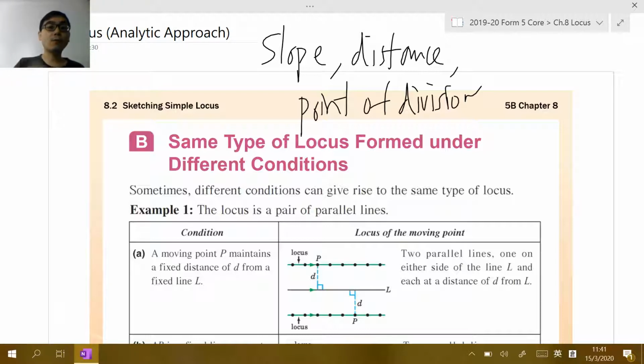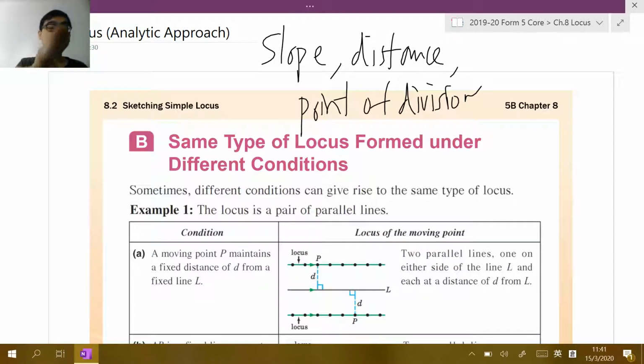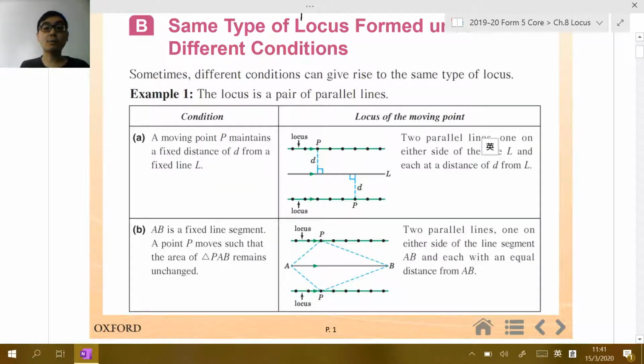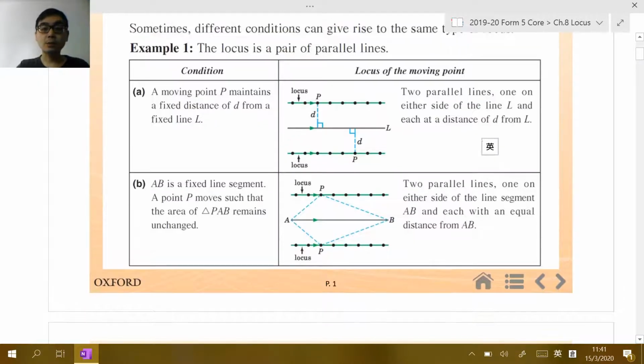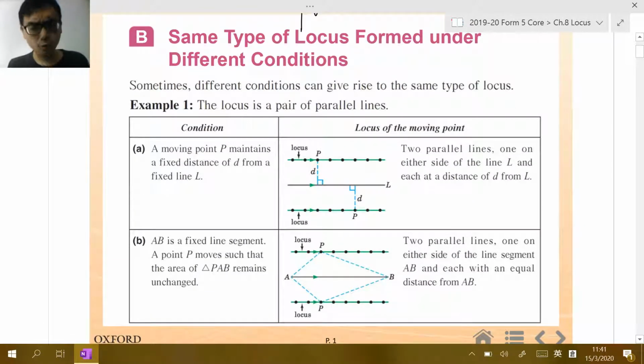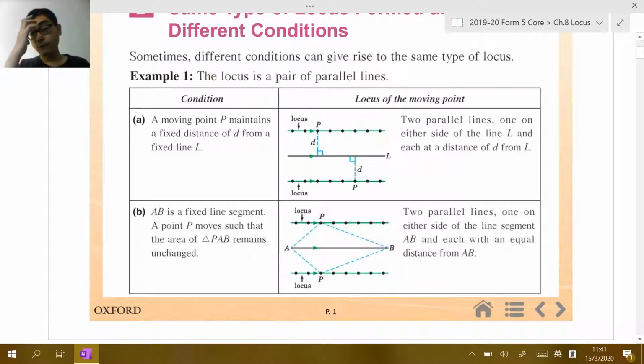But before, I would like to go through this session, so it is necessary that we highlight what we have learned in chapter 8.2 in the last part. So if you still remember, as I mentioned in the 8.2 clip, these are some of the things that you need to remember when we talk about the locus, for example, the straight line or the circle with some different special conditions.